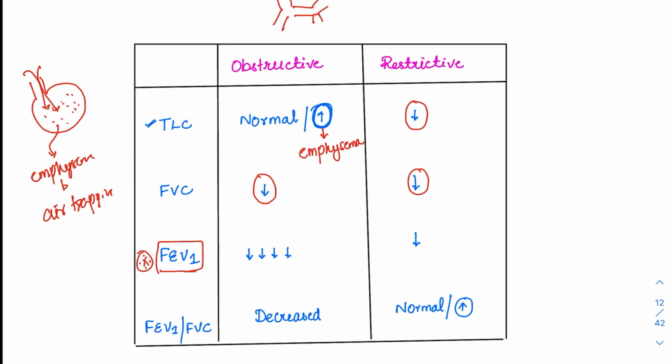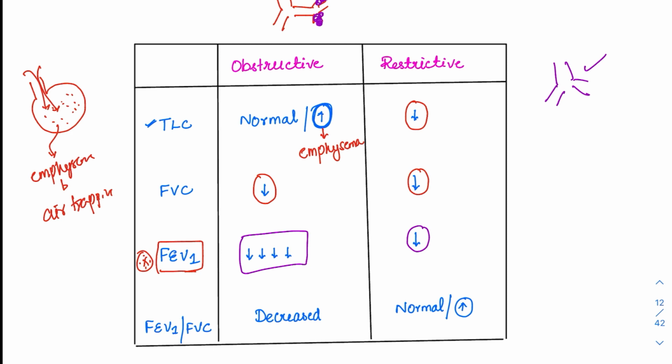Whenever I ask the subject to do it forcefully, there will be sudden closure of all these smaller airways. So the FEV1 is going to decrease a lot. That's why I have put so many decreased arrows. In restrictive disease, it will be decreased, but still not as severely as in obstructive disease, because in restrictive disease, the airway is completely normal.